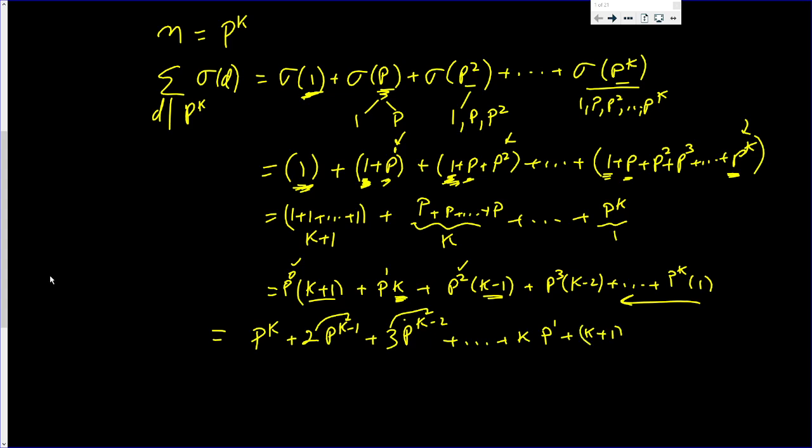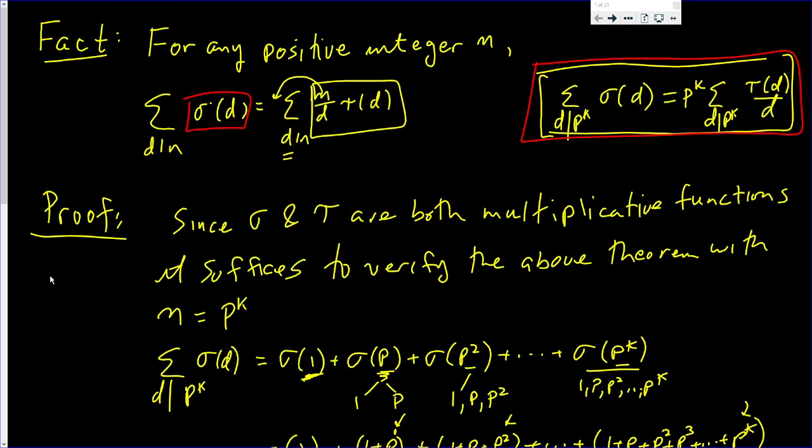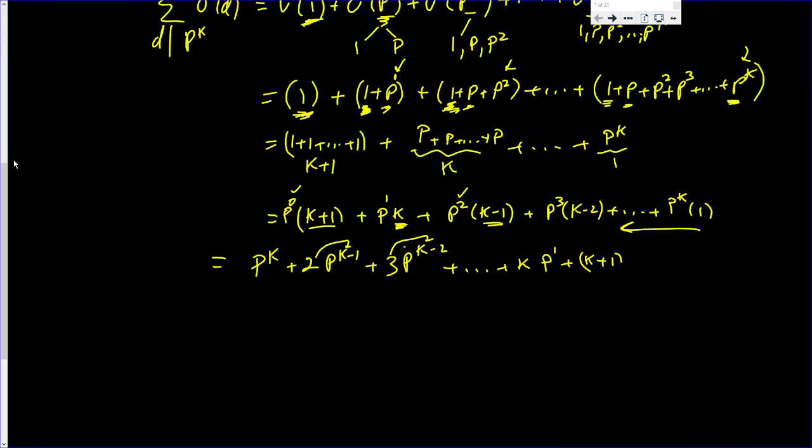Now, if we look at what we want, we just wrote down this, and we want it to equal the right-hand side. But notice that p to the k is factored out.